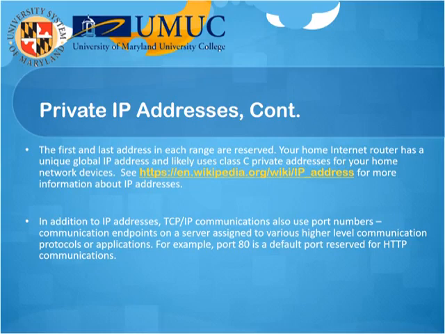See the link provided for more information about IP addresses. In addition to IP addresses, TCP/IP communications also use port numbers, communication endpoints on a server assigned to various higher-level communication protocols or applications. For example, port 80 is a default port reserved for HTTP communications.